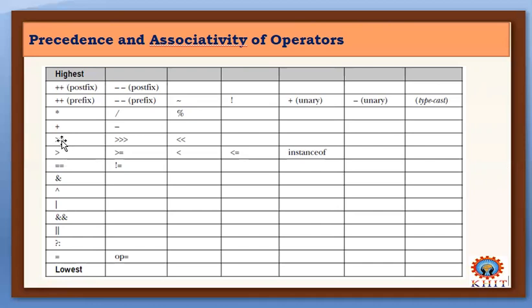After that, shift operators, right shift and left shift. Then relational operators, then equality operators, then bitwise and exponent operators and so on. So these are the precedence of the operators from highest to lowest. If you remember this table, then it is very easy to evaluate the expressions. So we need to remember this table.